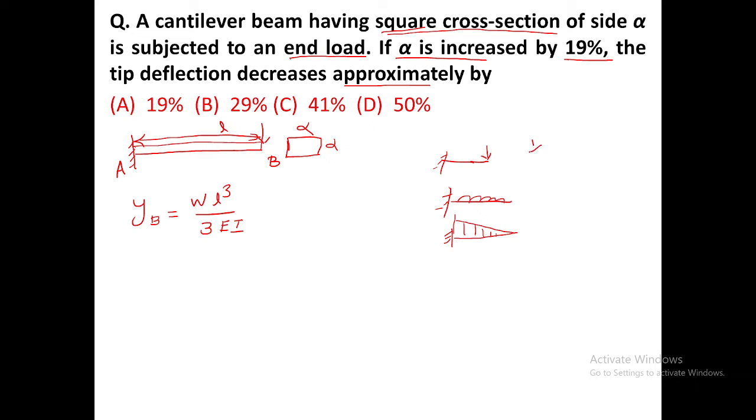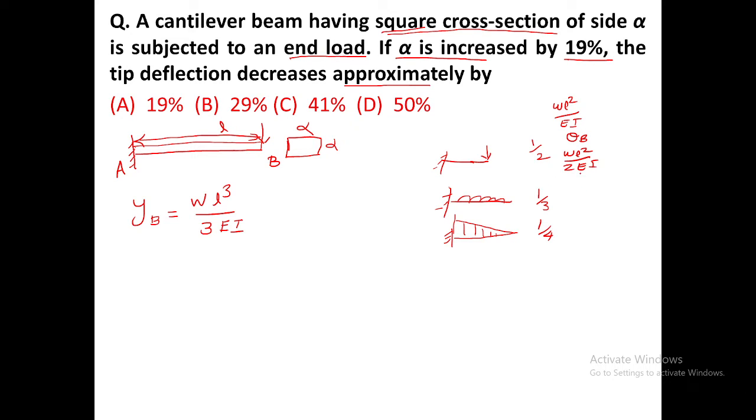Condition is 1/2, 1/3, 1/4. W L square divided by EI. So multiply, this is the slope. Slope at B is W L square divided by 2 EI.